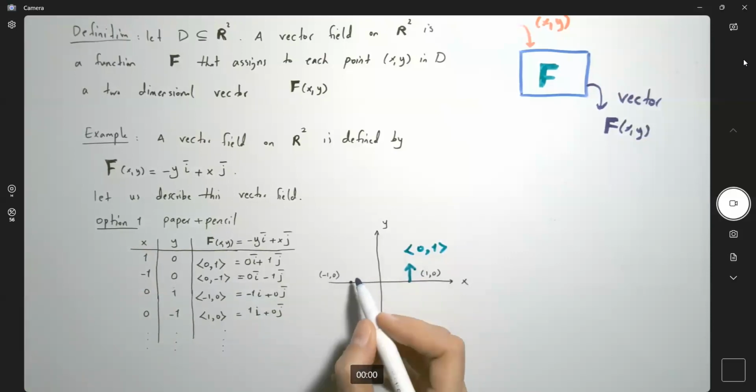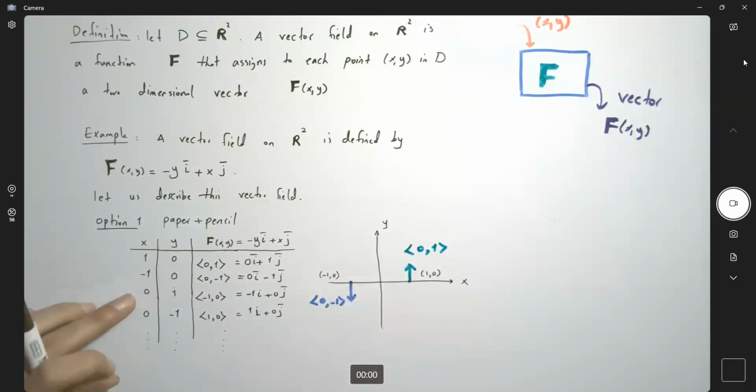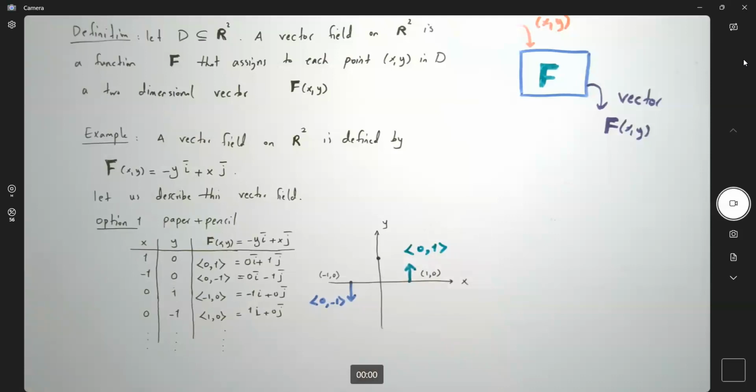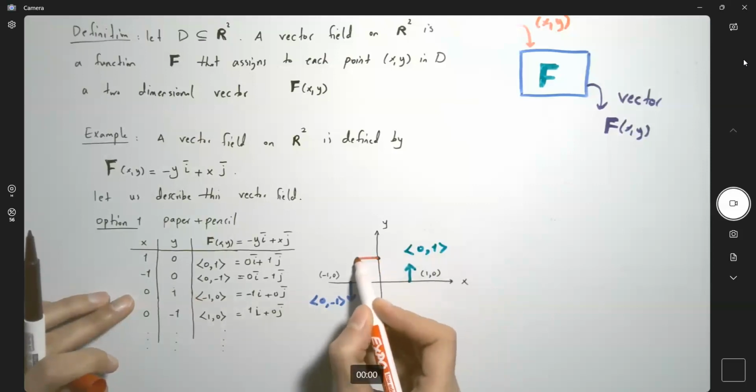Very good. So what do we have here? 0 and -1, this is my vector. Next point, at point 0 and 1, I have a different vector. My vector is -1 and 0, just in the same direction here.